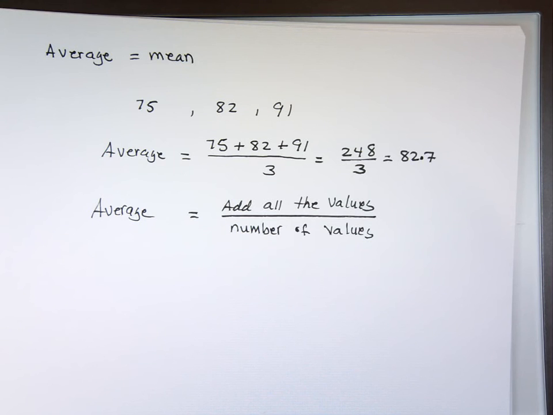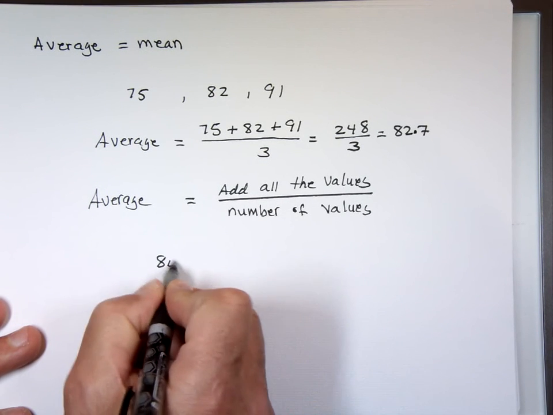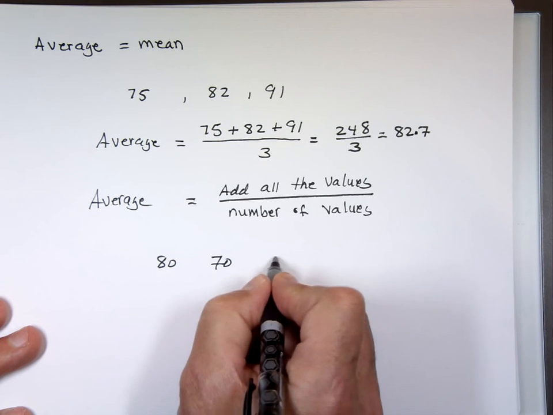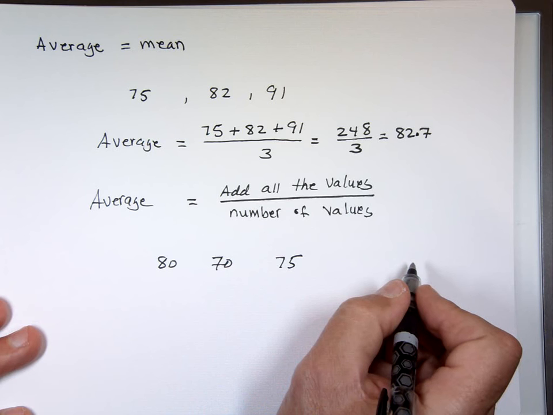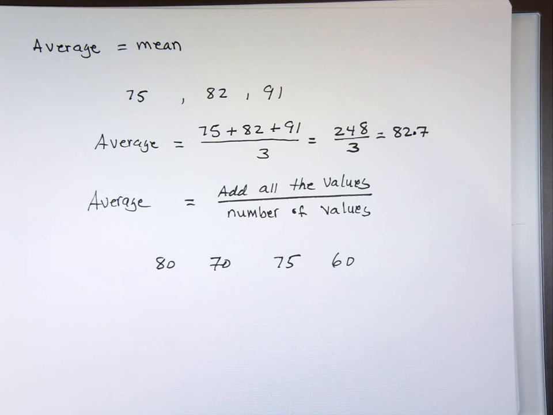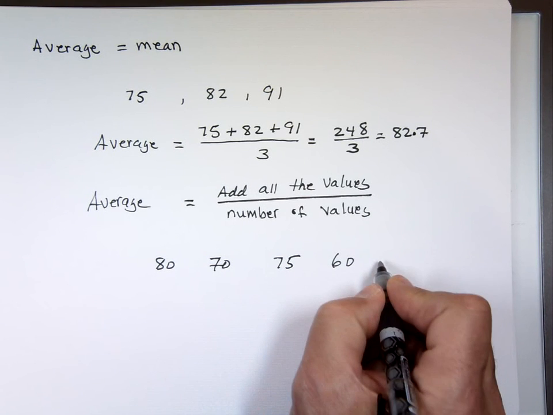So if these are your quiz scores, 80, 70, 75, 60, and you didn't take the last one, so you got a 0 on it.